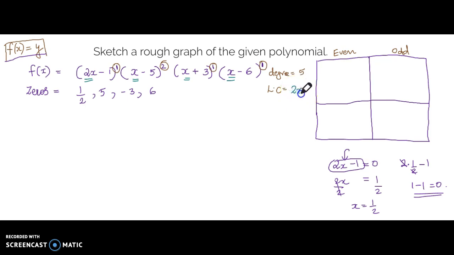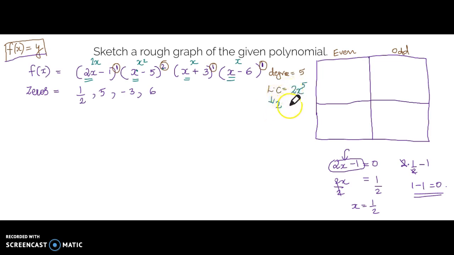Here you have a square, so there's x squared here because the degree is 2. So 2x is the leading term here, x squared here, x here, and x here. When you multiply all the leading terms, you get 2x to the 5th power. So the leading coefficient is 2, a positive number, not a negative 2.